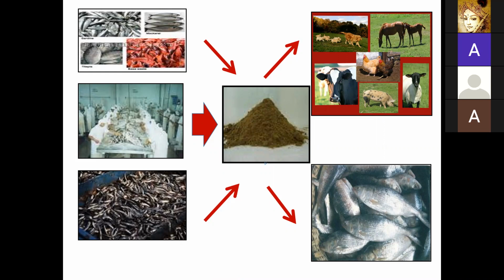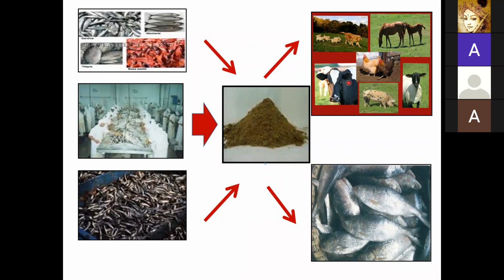After the preparation of the fish meal, where is it going to be utilized? We utilize it for feeding cattle, poultry, pig, sheep, horse, and dogs or pets. So we are preparing food for these organisms.